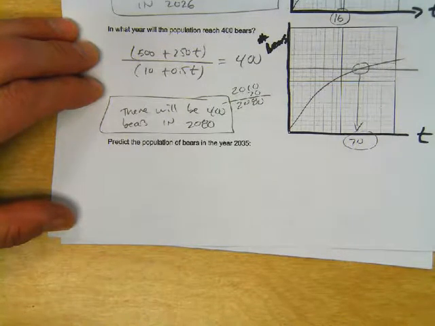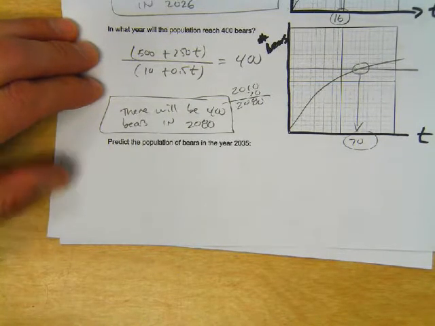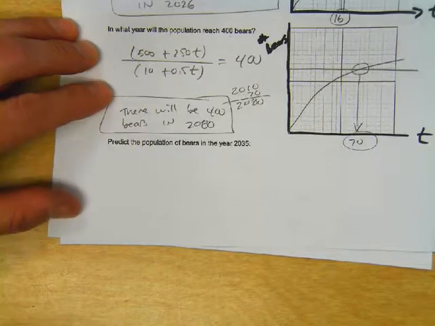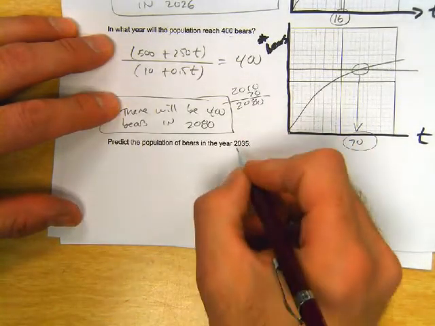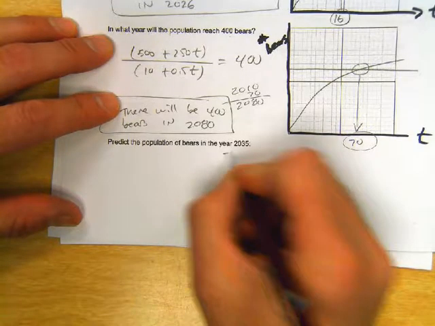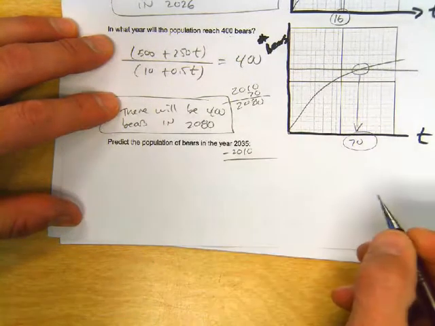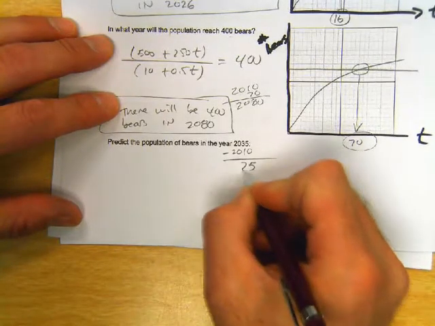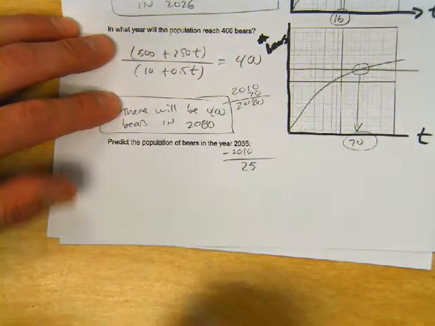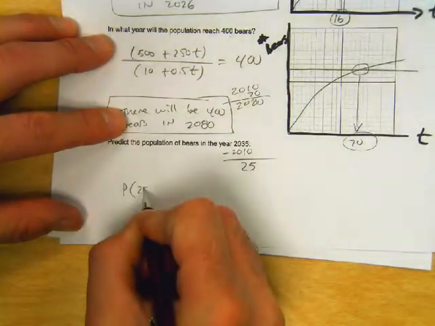Now lastly it says, predict the population of bears in the year 2035. All right, so our formula works for years from 2010, so we need to subtract 2010. So it looks like 25 is what we need to plug into our equation.